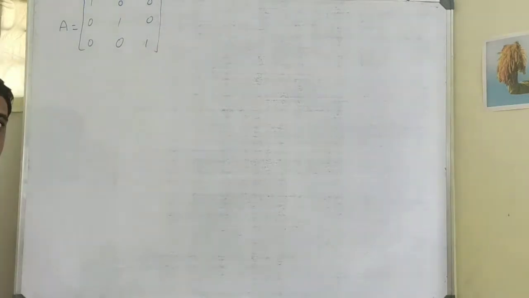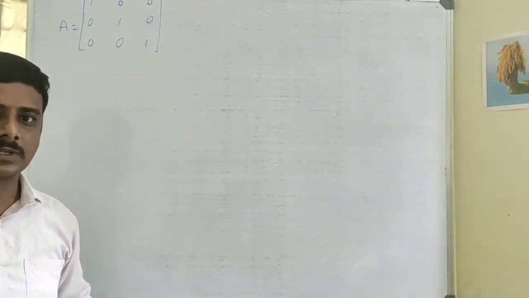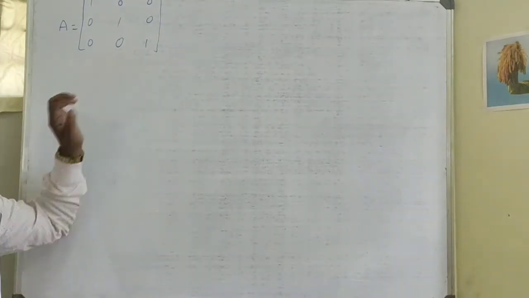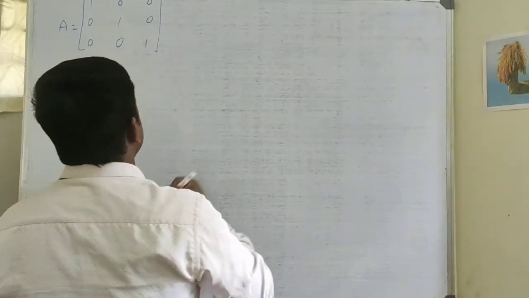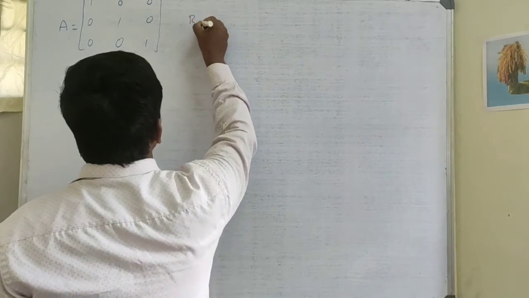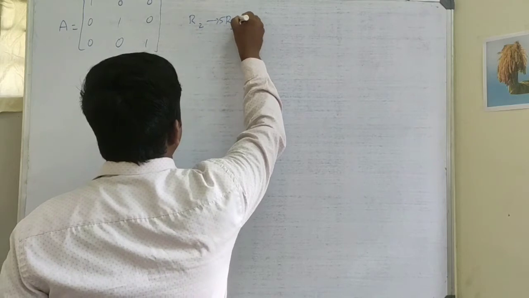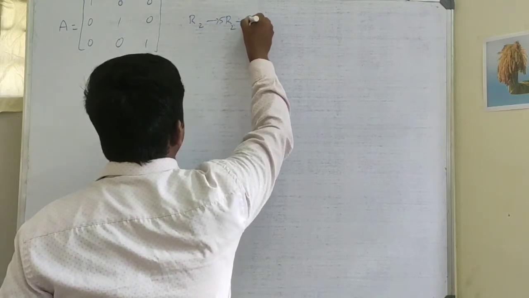This is an identity matrix of order 3 cross 3. Now let us apply an elementary operation on this matrix, for example R2 changes to 5R2 minus R3.